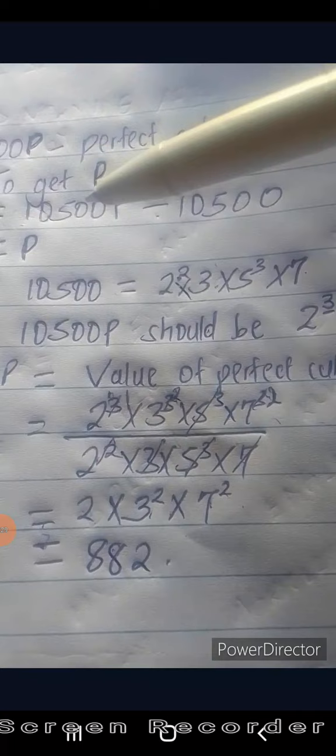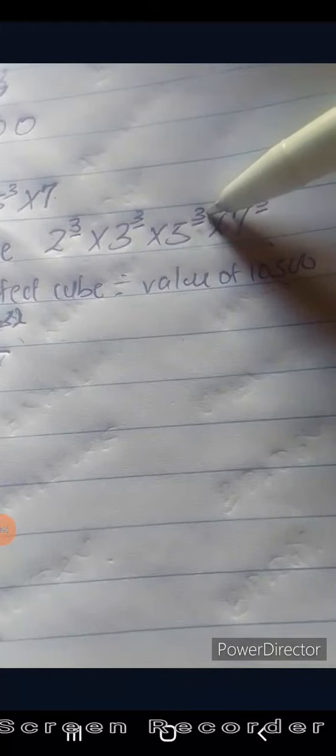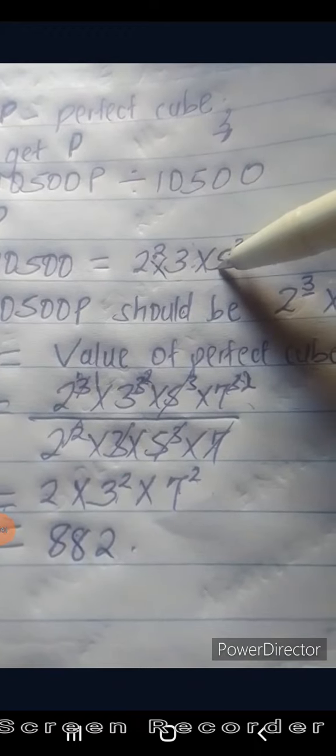But in order to get P, we take 10500P divided by 10500. So we will take the value of the prime factors here, we divide by the value of 10500's factors. So you take this one, divide by this one. Here, 2 power 3, 2 power 2 goes here, remains with a power.